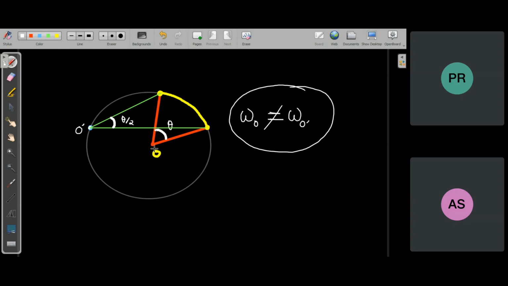Angular displacement is the change in angular position, so angular displacement is important here, not the angular position. From a different reference line, the angular position may be different, but the angular displacement will be the same. But because you want to find the angular velocity about the center, you will take a reference line passing through the center.